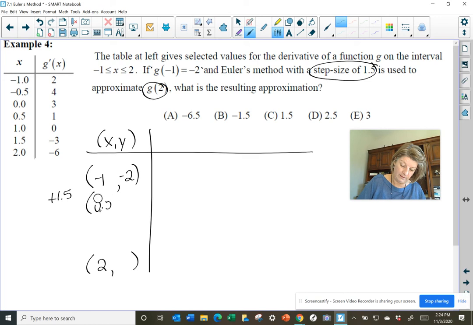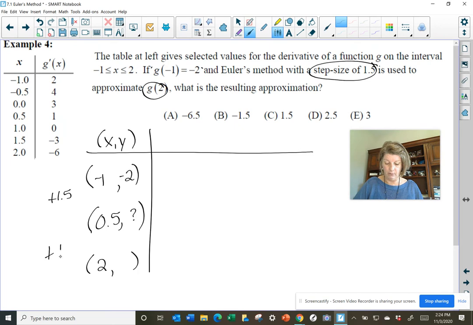I'll close the parenthesis there. And then I add another 1.5 because our delta x was defined as 1.5. 0.5 plus 1.5 gets me to 2. So it looks like we just have 2 steps to do on this one.